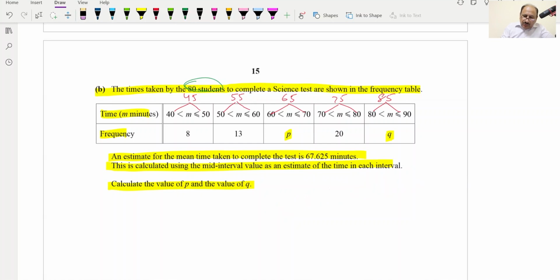Or we can form an equation like, maybe you are not understanding this one, so I will rewrite: 8 plus 13 plus P plus 20 plus Q is equal to 80, because the total is 80. So if you add the frequencies, you will get 80. Now you can write P plus Q is equal to 80 minus, and these values you can sum up.